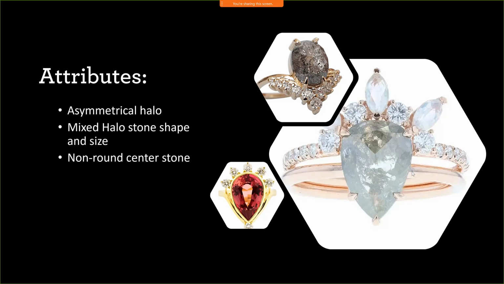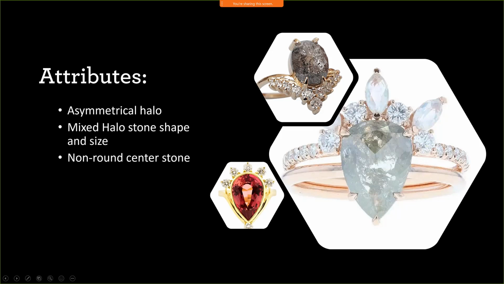So it's kind of an asymmetrical halo. You can see that there are mixed stone shapes or stone sizes on several of these halo styles. They use a non-round center stone, and sometimes the halos are attached directly to the mounting or the engagement ring, and sometimes it's a wedding band accent piece that's added.